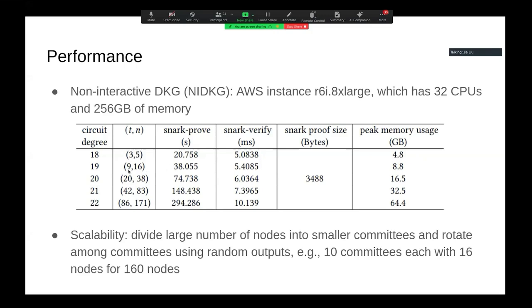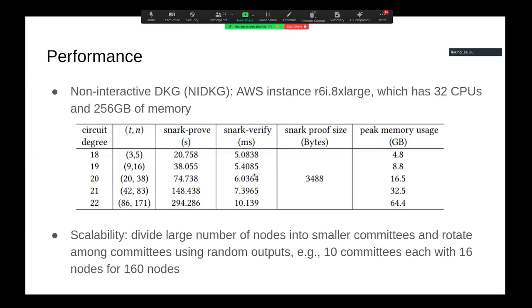And when n equals 16, it's 8.8 gigabytes. So the proving time and the memory usage increase linearly with the size of n. And the verification time also increases a bit because of the size of the public instance. We didn't hash the public instance inside the circuit.